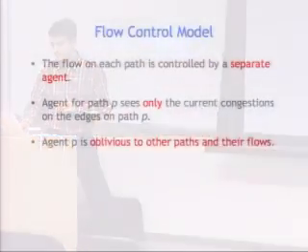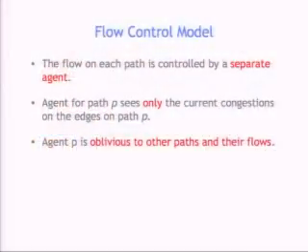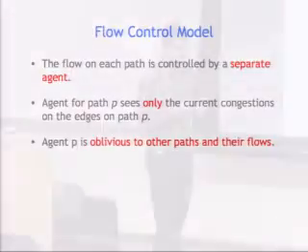It's a linear program, and if explicitly given, there are many algorithms to solve this. But the model that we are going to look at today is somewhat more restrictive, and let me begin by describing it. We assume that there is an agent associated with every path, and that agent decides how much flow is going to get routed along that path.